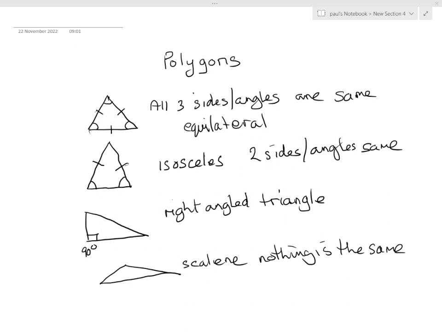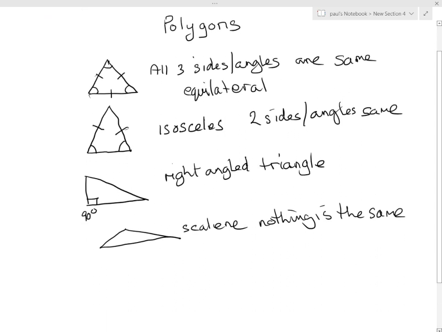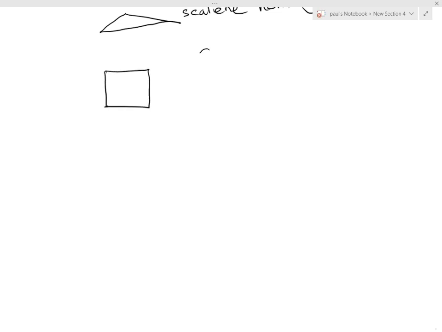Okay, so then we have a look at four-sided shapes, and four-sided shapes are called, as a general thing, quadrilaterals. All four sides of the quadrilaterals.